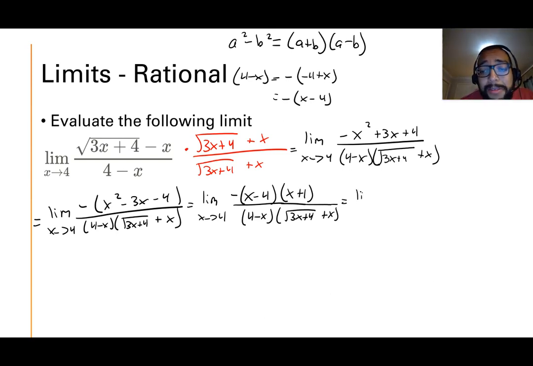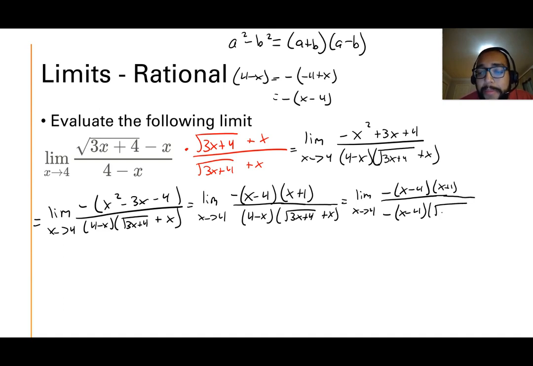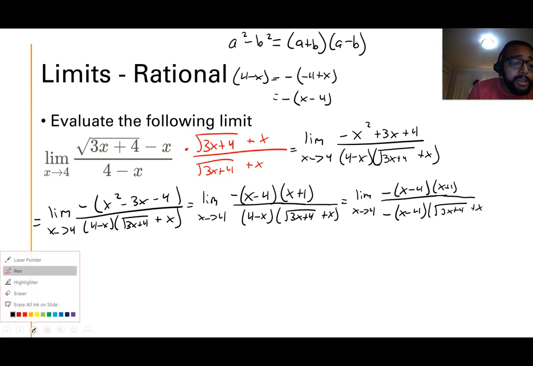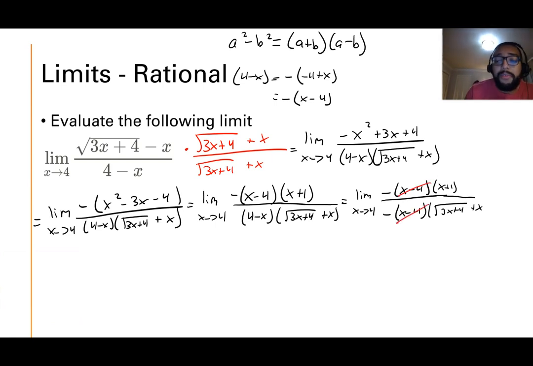If I make sure I have my limit sign and rewrite this carefully, I would end up with an x minus 4. Yes, I still have that mess on bottom, but that's fine, because once I cancel my x minus 4, it's a negative 1 on top and negative 1 on bottom, so that just becomes positive. Or you can cancel that out as well.